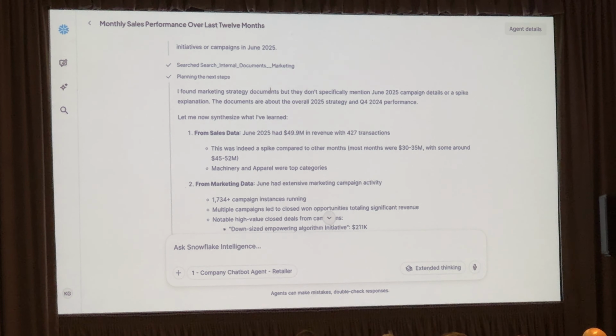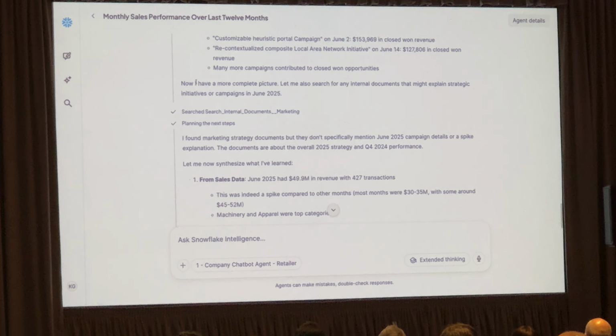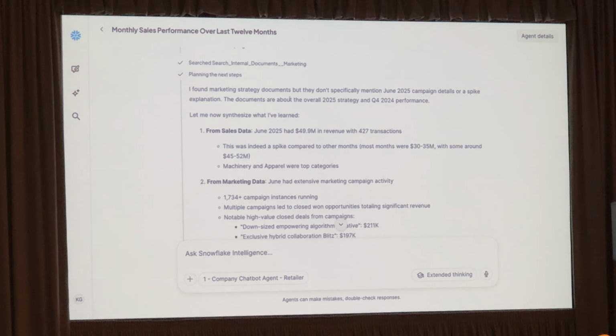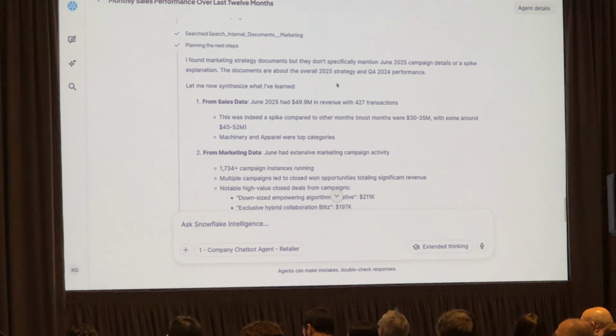It's going to take a look at marketing activity and see that there is certain activity in June, but then it's also going to look at our unstructured data. So it's taking these marketing strategy documents that we have and trying to see if there is anything in them that might also tie to this sales spike.